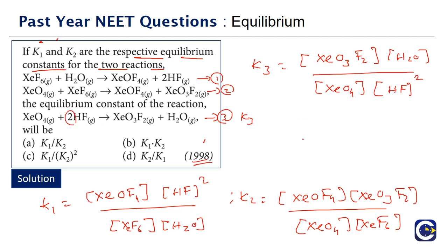Now if you take a look at them, just try to observe what will be the relation we will have. If you look at K3, XeO3F2 is coming in the numerator. K2 also, XeO3F2 is coming in the numerator. And here HF square is coming in the denominator in K3. Where is HF square? HF square is in K1 but in the numerator.